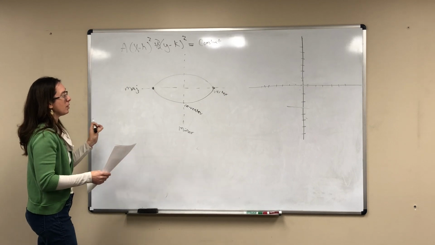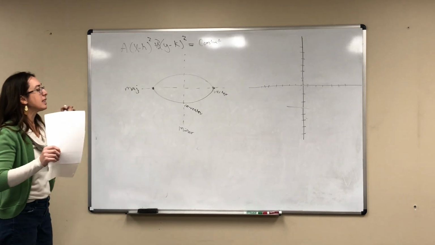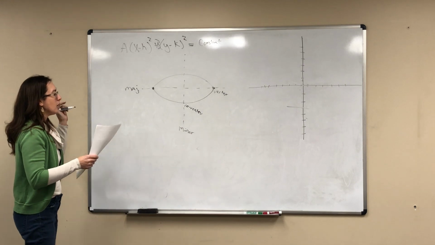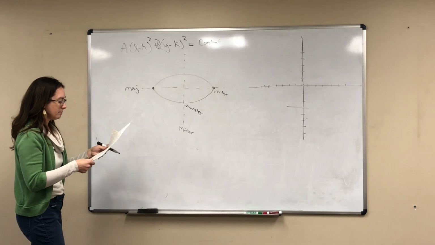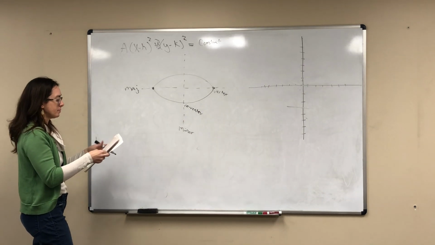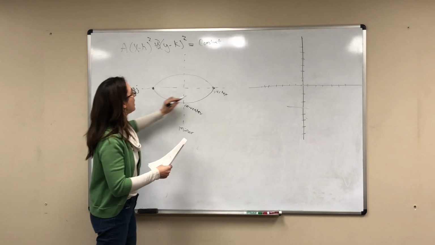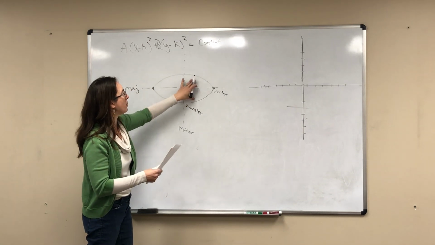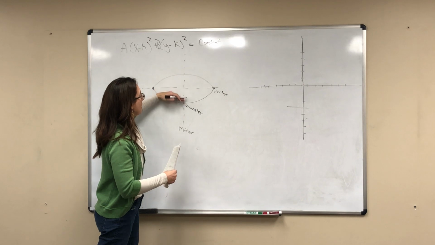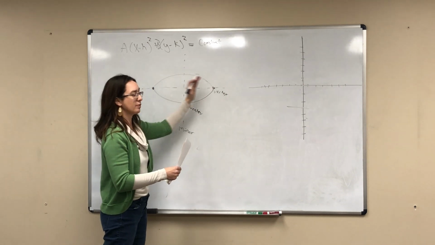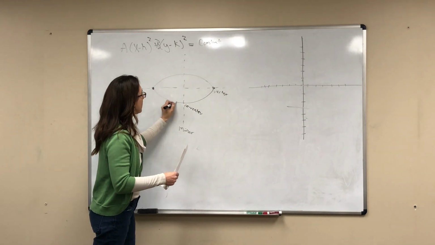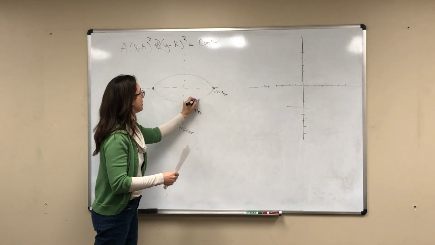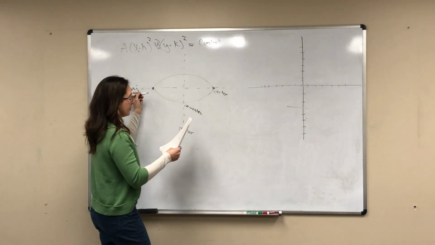Right? Now, let's think about curvature. All right. So, if we were to look at this as two different parabolas, so we're looking up and down, and then left and right? This one is wide, right? This is a wide parabola.